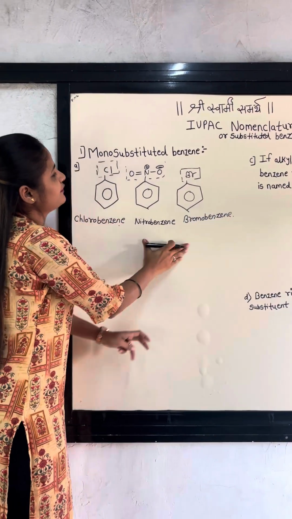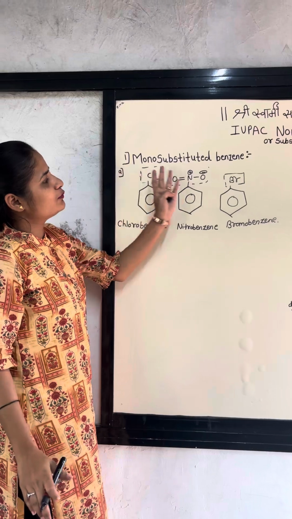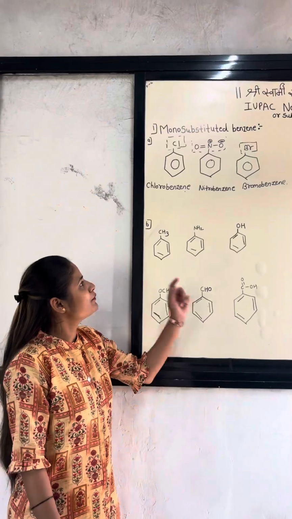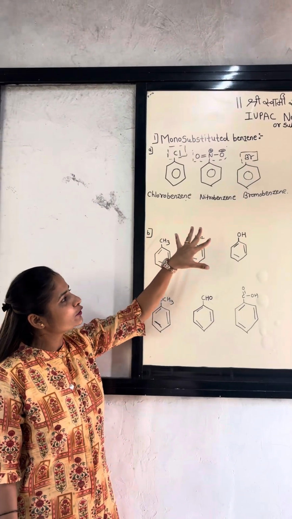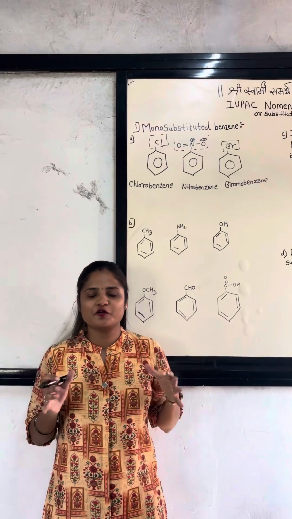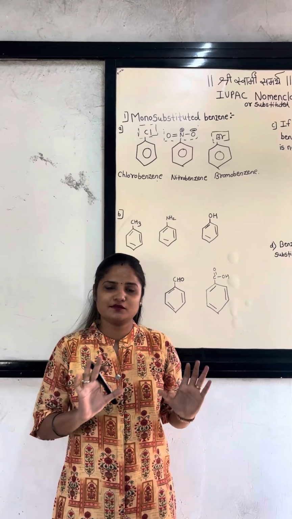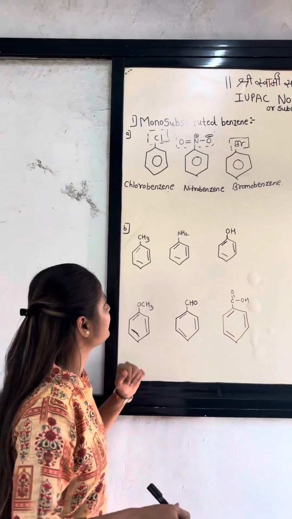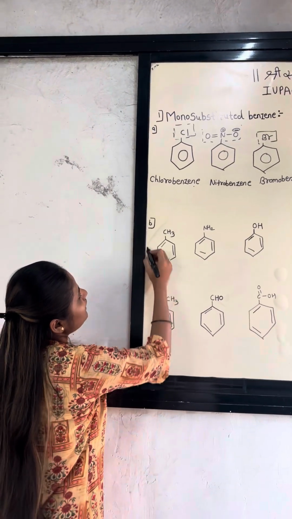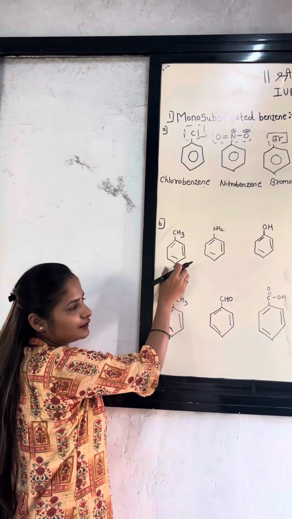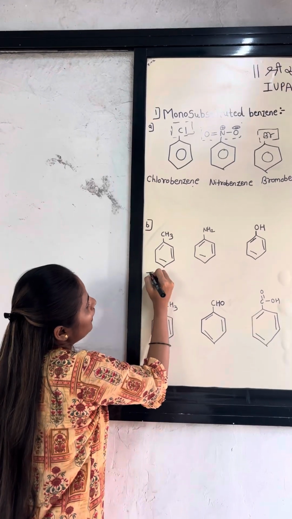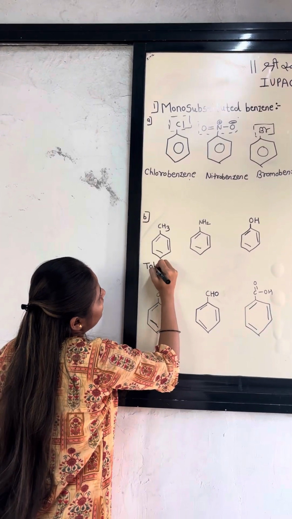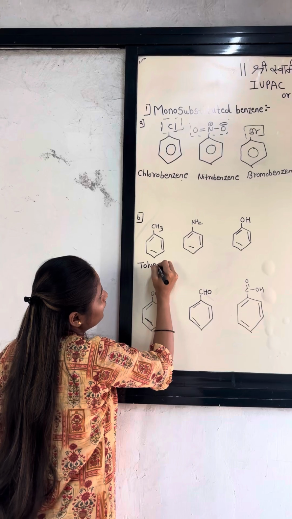Right. So this is the first part in a monosubstituted benzene. In part B, of the monosubstituted benzene, some compounds have their common name used as the IUPAC name. Right. For example, here is given methyl benzene, but the IUPAC name and universally accepted name is toluene.